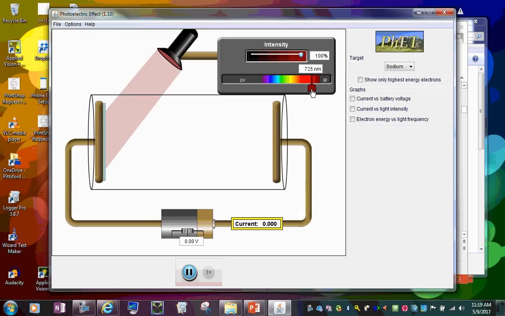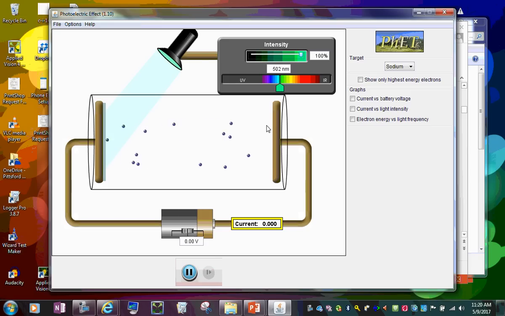If I increase the frequency, or in this case decrease the wavelength, I'm increasing the amount of energy striking that surface. And if the light has enough energy, or a high enough frequency, eventually we get electrons knocked off of that cell.